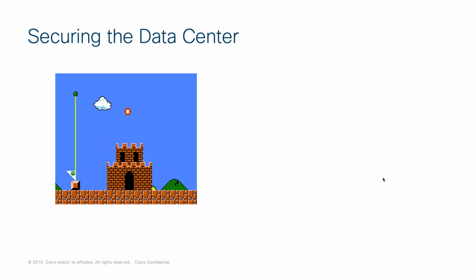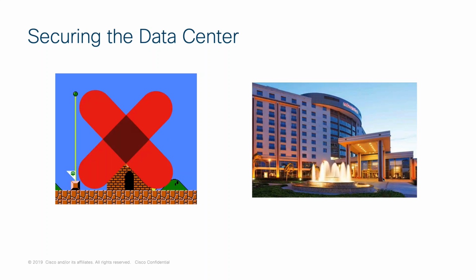So the castle analogy, where we're looking at building a moat around our environment, obviously this is no longer really relevant. We know that's a significant challenge. I would argue that in the data center, we don't really have a castle methodology. We're a little bit more specific about that. We do zones. The analogy I like to use is that of a hotel, where you walk into the front door of the hotel, they check your ID, and at the door, if you think about this next time you go into a hotel, they'll never tell you your room number.